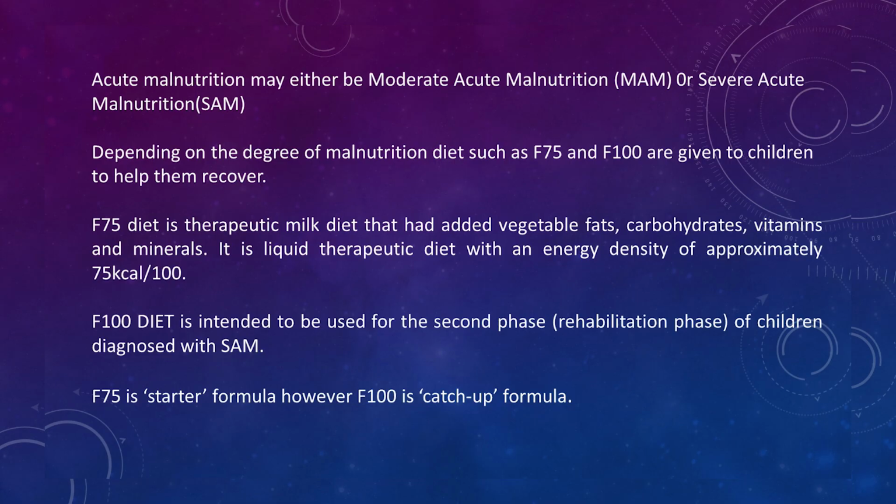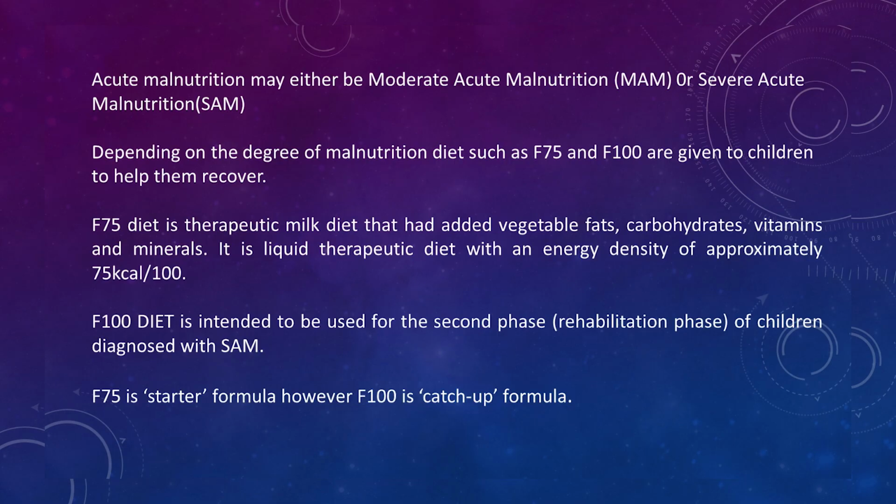Depending on the degree of malnutrition, diets such as F75 and F100 are given to the children to help them recover. First we have to diagnose whether this is moderate or severe acute malnutrition.